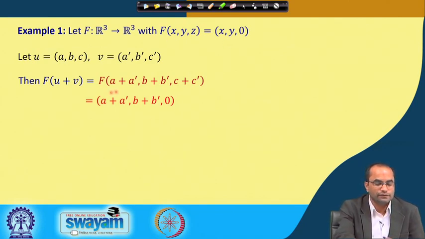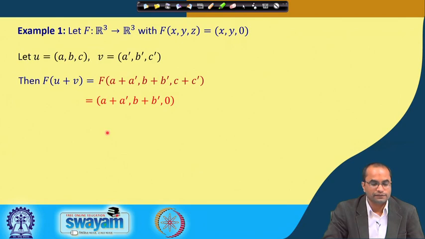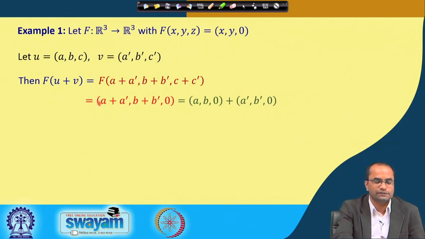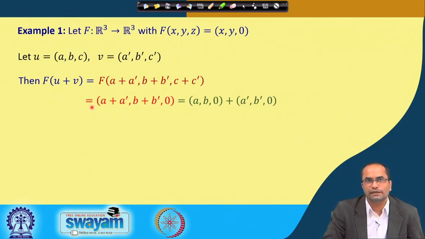Now we have this vector here again from R 3, because the map is from R 3 to R 3, and now we can rewrite this vector as a sum of these two vectors. The first one (a, b, 0) and the second one (a dash, b dash, 0), because the sum of these two vectors is nothing but a plus a dash and b plus b dash, and the third element is 0.